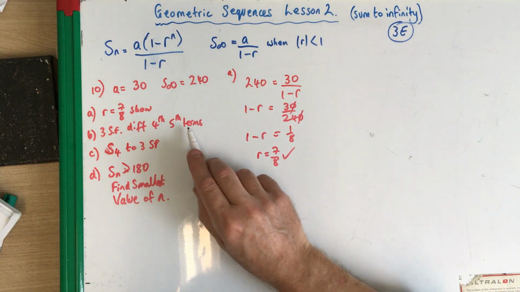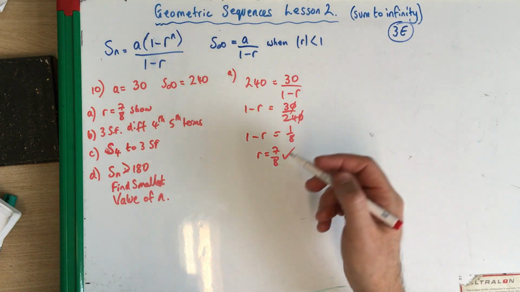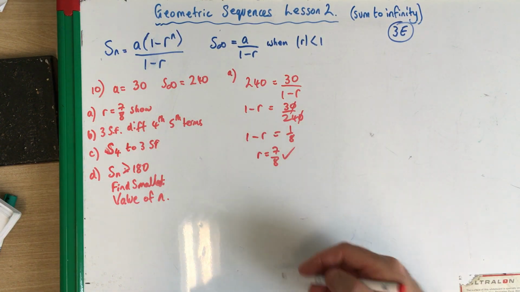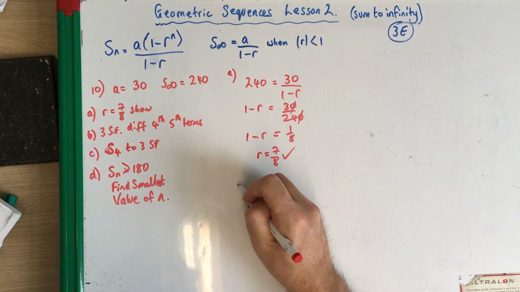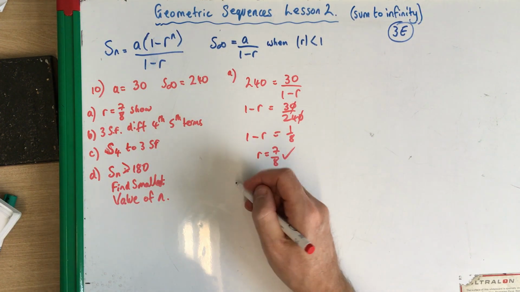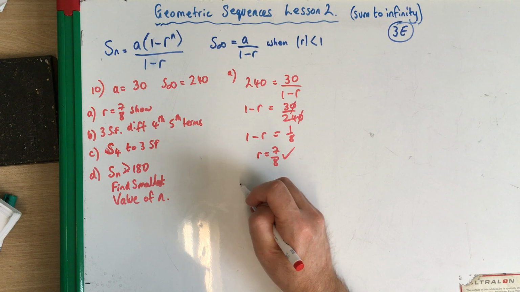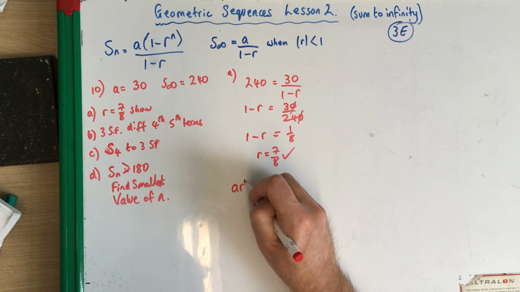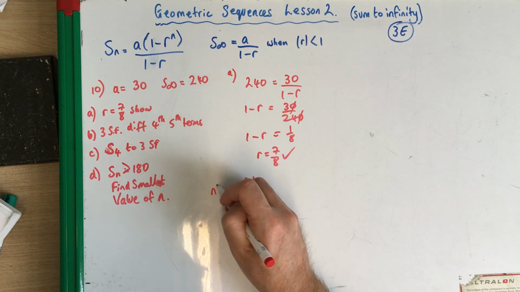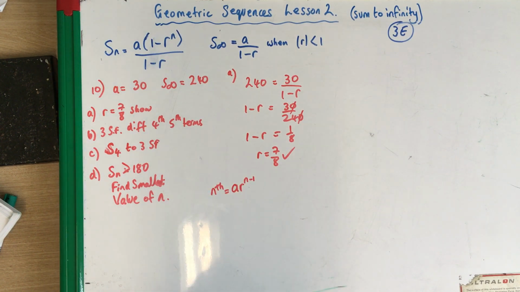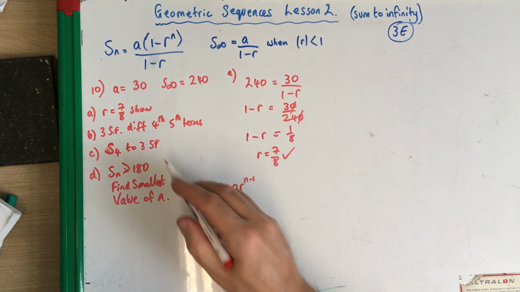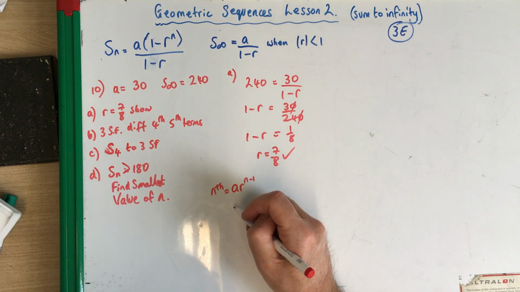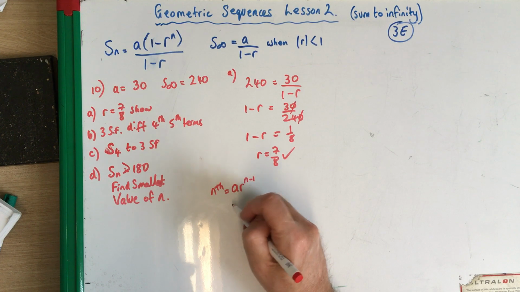The difference between the 4th and the 5th terms, you've got to go back and work out the 4th term and the 5th term. Remember, the nth term is ar to the n minus 1. So the 4th term and the 5th term, I'm going to put the 4th term in first.